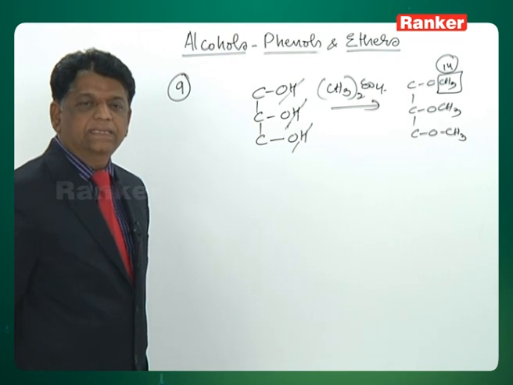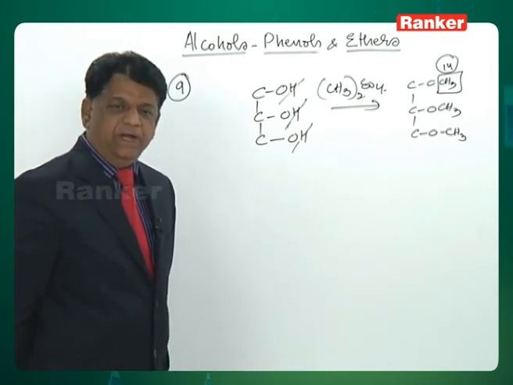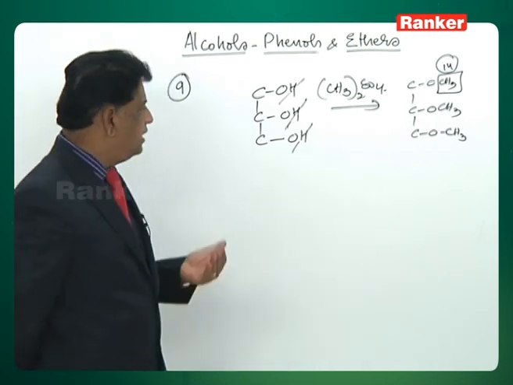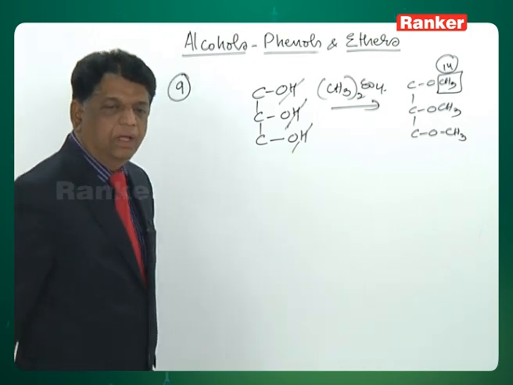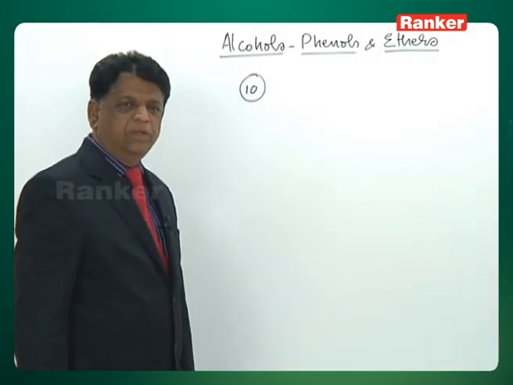So thereby we can decide the number of groups. Dimethyl sulfate methylation, acetic anhydride acetylation, and acetyl chloride acetylation, all three are useful. Therefore the answer is D. All can be used. Let's go to the 10th problem.